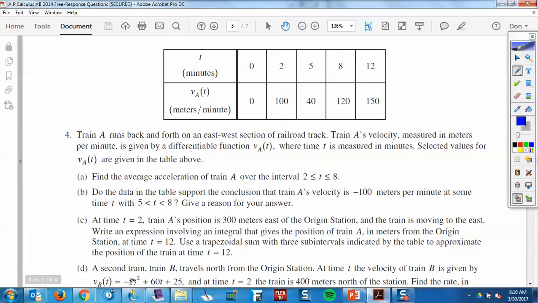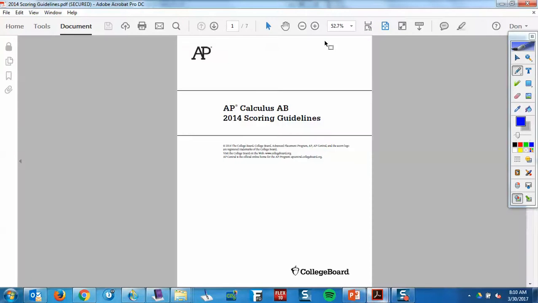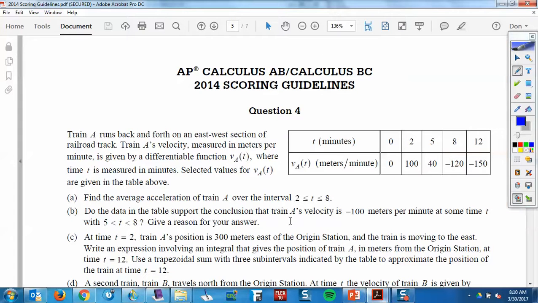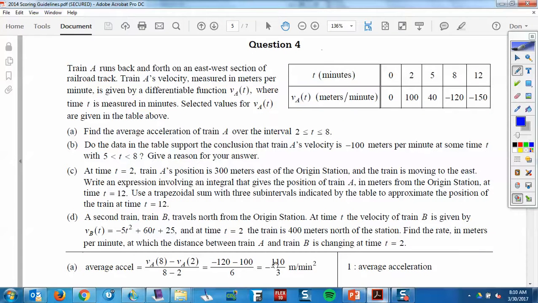I'm kind of curious here. I think I do have the answer sheet here. Now, they didn't say anything about showing your work here. Sometimes they do, oftentimes they do.